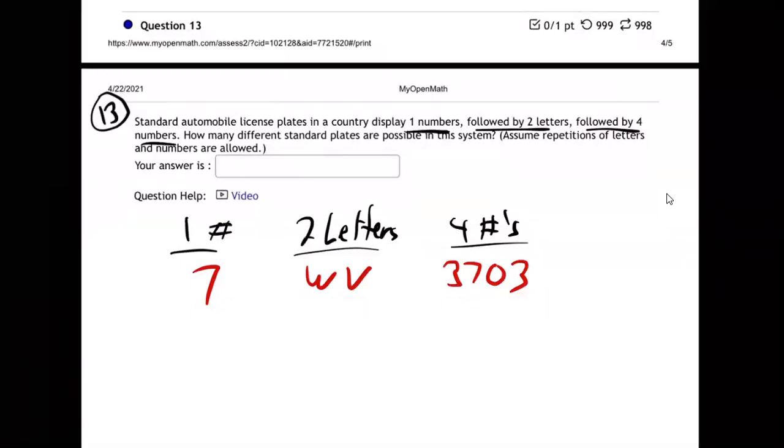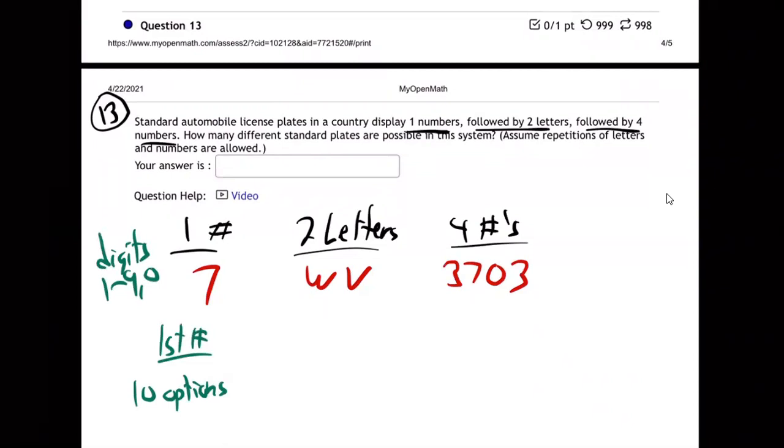Okay, now let's think back to what I just did. How many decisions, how many options? I made a decision on my first number. How many options? Well, 10 options. Why 10? Because there are the digits 1 through 9 and 0. There are 10 different digits.